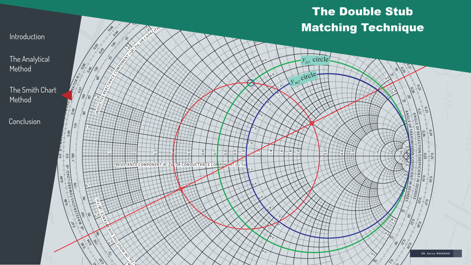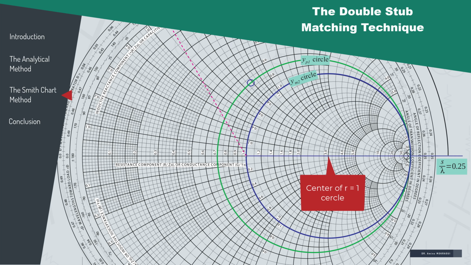To proceed, we must rotate all the points lying in the unity circle by a distance of d2 over lambda equals 0.667. This is easily achieved by rotating the center of the R equals unity circle, then redrawing the entire circle. For instance, the original circle center is located at S over lambda equals 0.25 on the toward load scale.